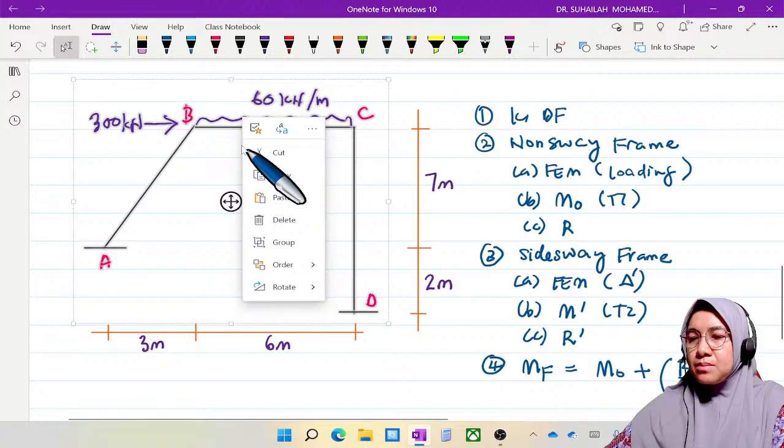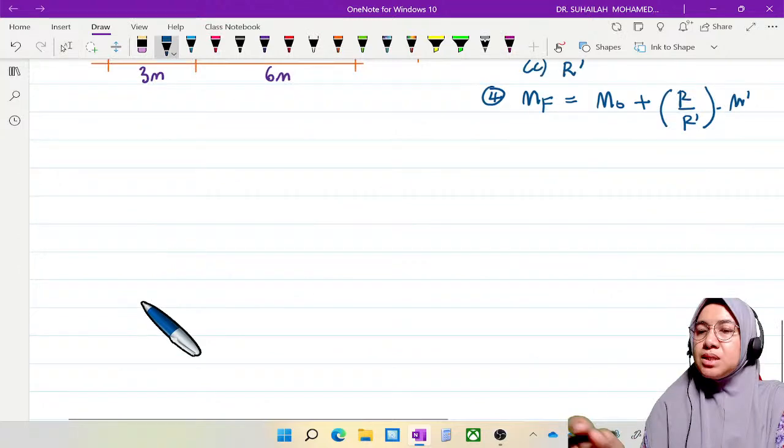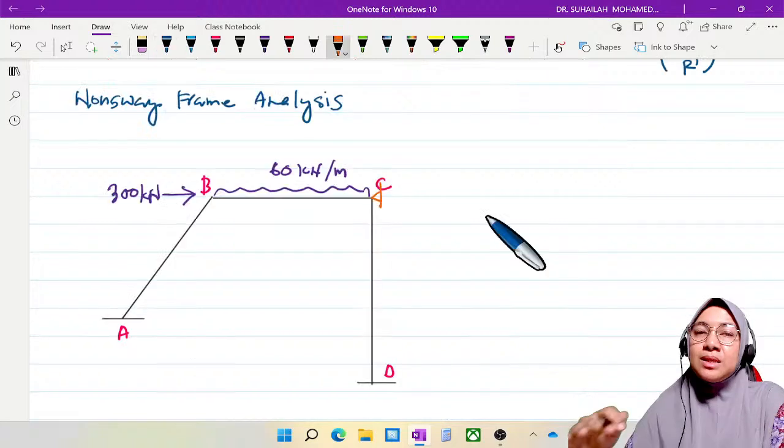So this is non-sway frame analysis. In order to change this to a non-sway frame, we have to put an artificial support at C. By putting this pin, we change this from unproperly restrained to properly restrained.